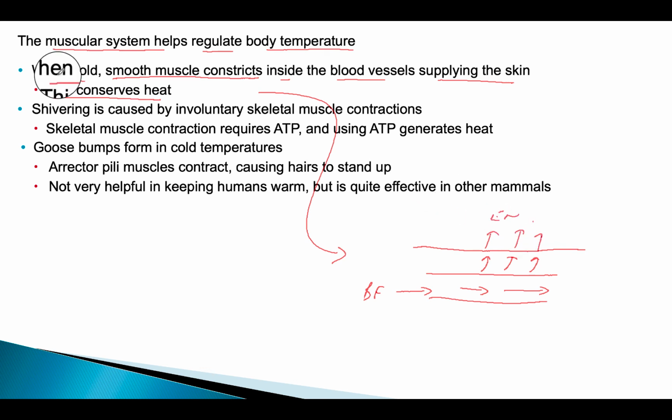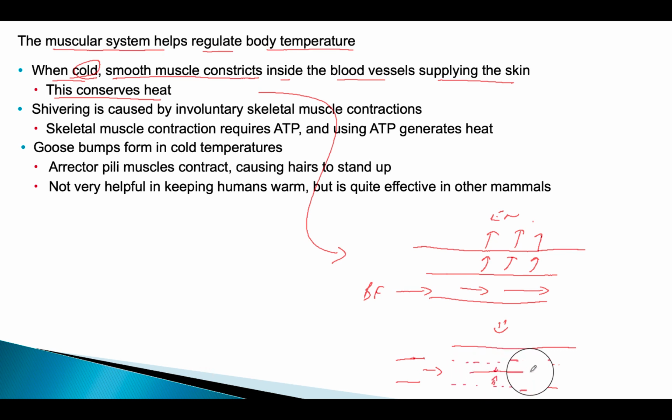So what happens when it's cold outside? Now these blood vessels over here, let's create another one here. So this is your skin and the blood vessels. Originally, if they were this diameter right over here, now what happens is they're going to constrict. So rather than having this diameter, they're going to be smaller.